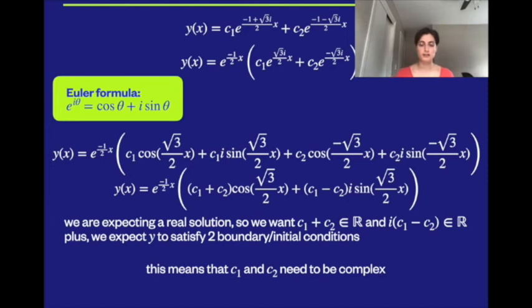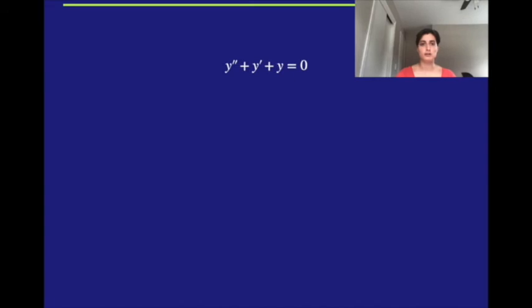They also need to satisfy that their sum is real and their difference times the imaginary number is also real. If you do the computations on the side, what you can do is say that the sum of C1 and C2 is a new variable A, and their difference times the imaginary number is a new variable that we will call B. The number of degrees of freedom hasn't changed, so we still have enough information.